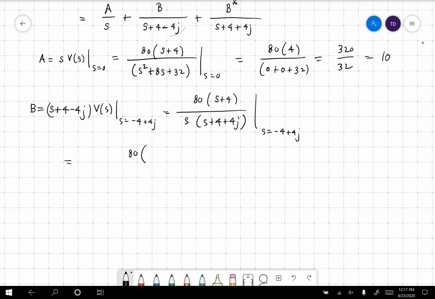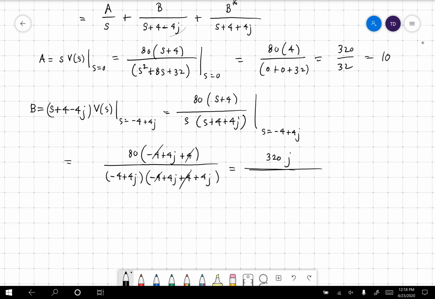80 times the S value, minus 4 plus 4J plus 4. Love that. Divided by minus 4 plus 4J times minus 4 plus 4J plus 4 plus 4J. Cancel, cancel, cancel, cancel. So in the numerator, we have 320J.